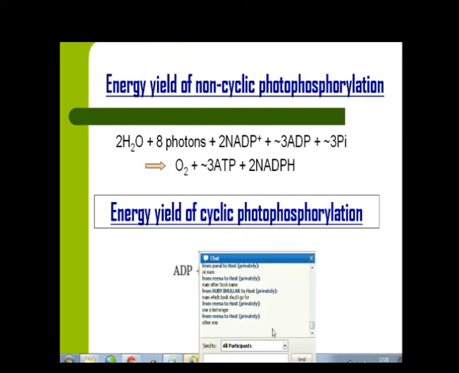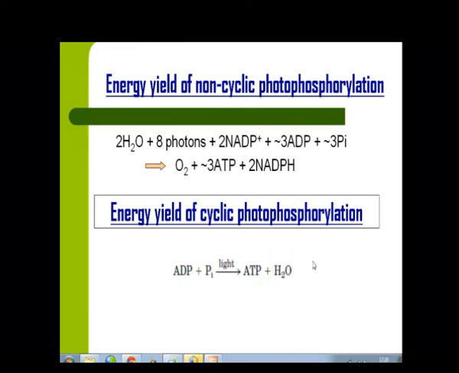If both the processes are going on, then 4 ATPs are produced. One from the cyclic and the other one from the non-cyclic. But this is what I told you. When will the cell turn on its cyclic photophosphorylation? When it has to fine tune, when it has to regulate the concentration of ATP and NADPH2.